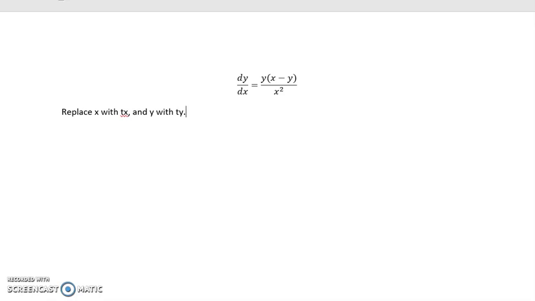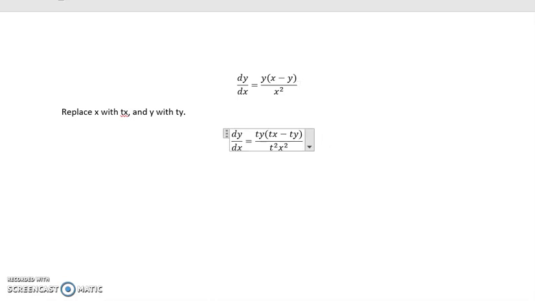So we're going to go ahead and test this. Now the dy dx we don't have to worry about. On this side of the equation, y will get replaced with ty, and x with tx, and then in the denominator, x squared becomes tx quantity squared, or t squared x squared.